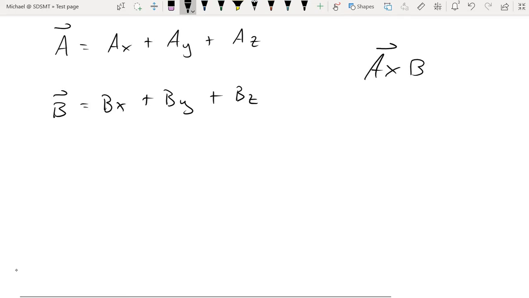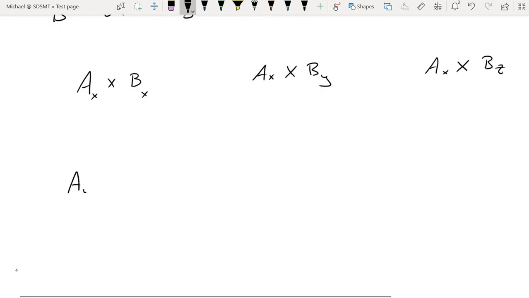And now comes the part where I need to see what the cross product of each possible component combination is going to be. So we will have a of x crossed with b of x. We will have a of x crossed with b of y. We'll have a of x crossed with b of z.